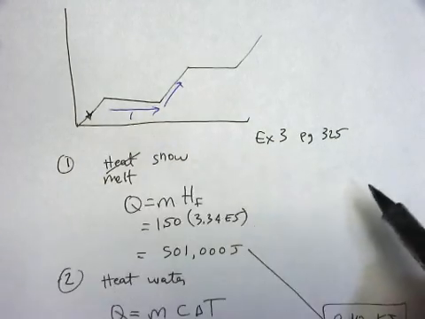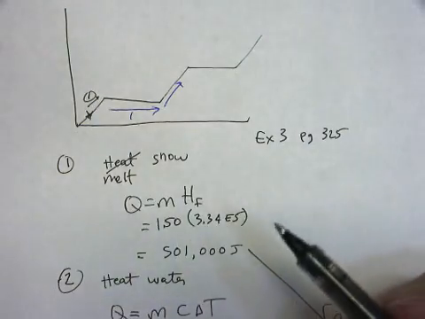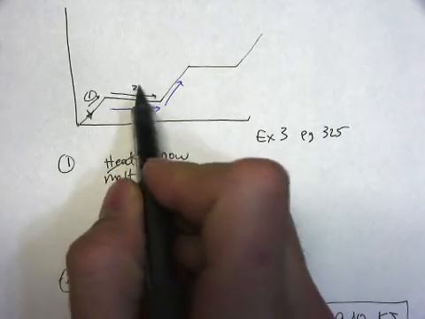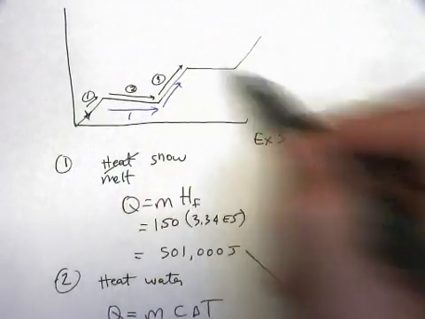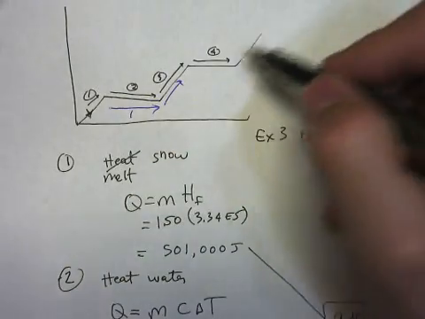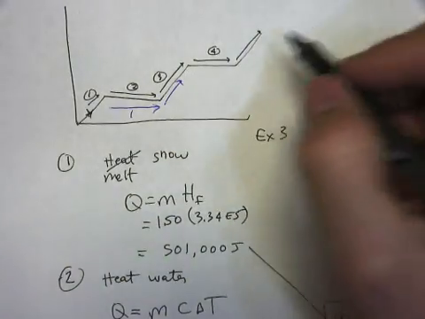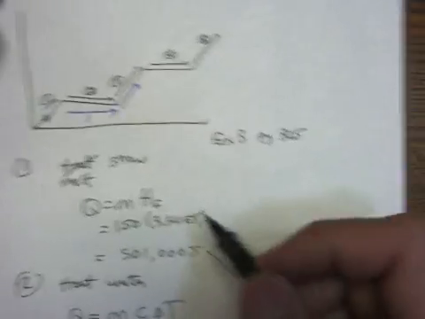You're starting here with really cold ice. First you must heat the ice to its melting point. Then you've got to melt the ice. Then you've got to heat the water to its boiling point. Then you've got to boil everything off. And then you've got to heat the steam to its superheated state.